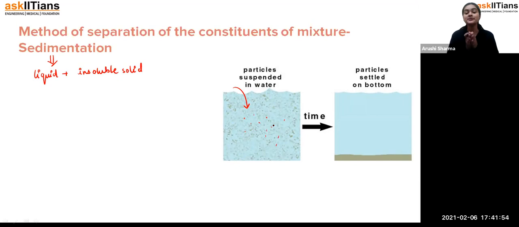But when you give it some time and do not disturb this water, for around 20 or 30 minutes, after some time you will observe that the suspended particles settle down at the bottom. This process, the settling down of suspended particles at the bottom of the beaker, we call the sedimentation process.